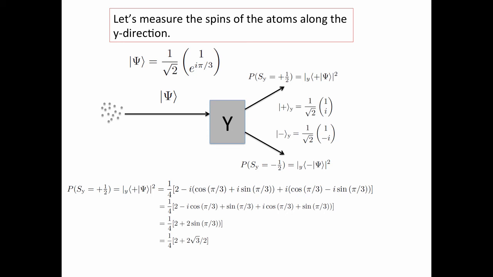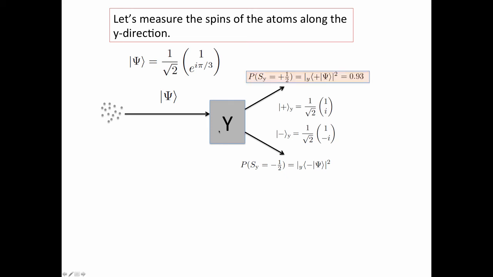Sine of pi over 3 is square root of 3 over 2, so our final result is that this probability is 1/4 into 2 plus root 3. Plugging that into the calculator, we get 0.93, which we can add up here. So that's a 93% probability of measuring spin up along the y direction.